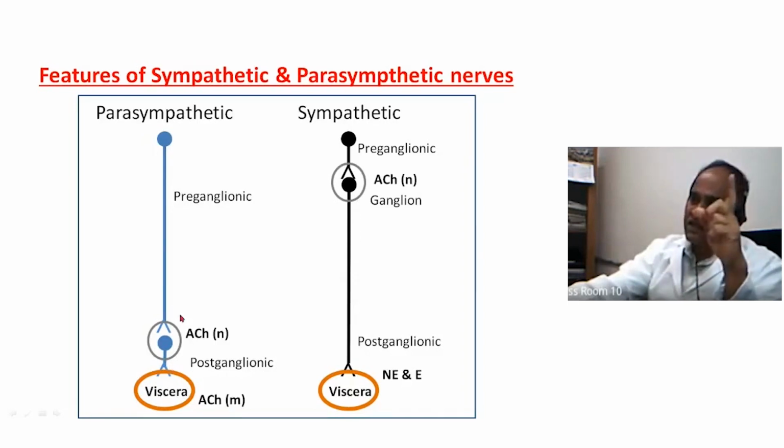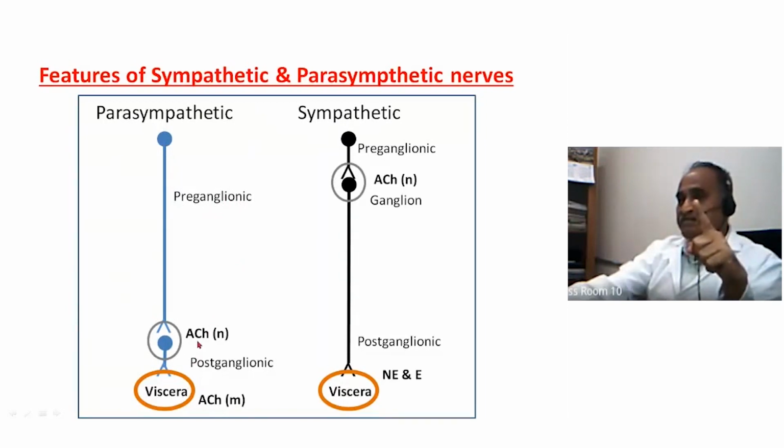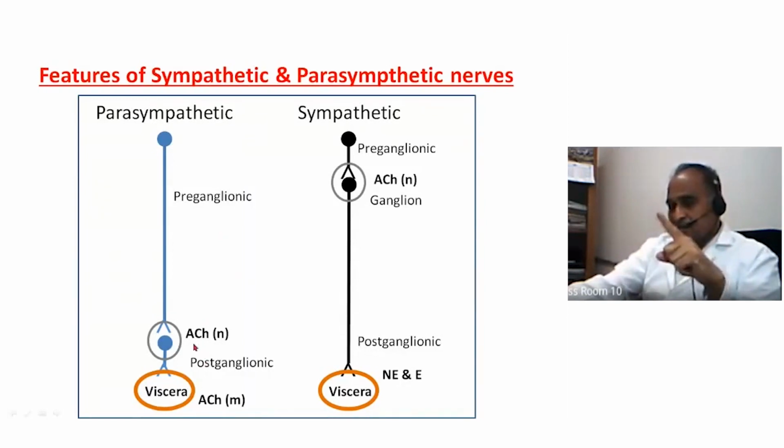This is one aspect. And the transmitter secreted from the preganglionic fiber is acetylcholine. And this acetylcholine here is also the transmitter in the postganglionic fiber. This is also acetylcholine.